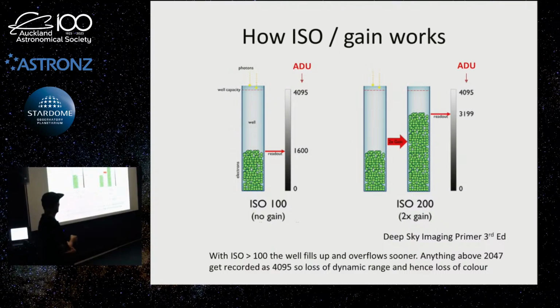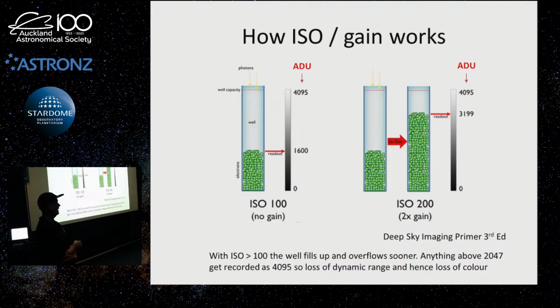It accumulates all these electrons, and this is a picture of the electrons being accumulated. Electrons have a negative charge, so the charge builds up, which builds up a voltage, and then the circuitry uses an analog to digital voltage converter to convert the voltage into a digital number.